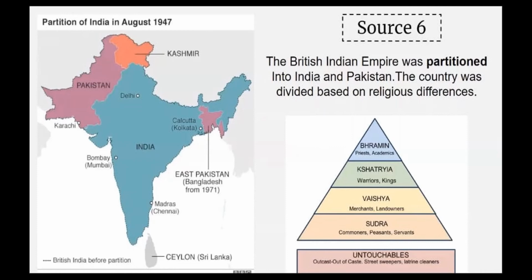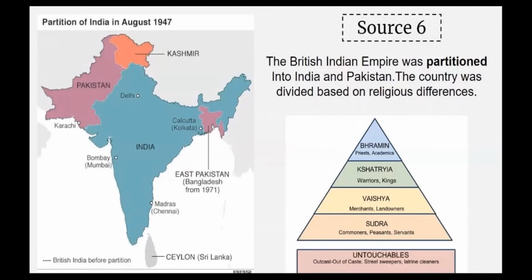Many of the Muslims voluntarily went to Pakistan. Some stayed, many of the Muslims stayed in India as well, and also in India there was division of people based on their caste also. So there was caste system also, right?